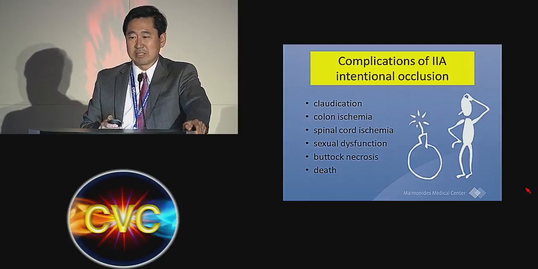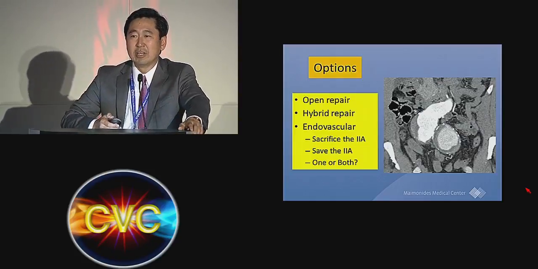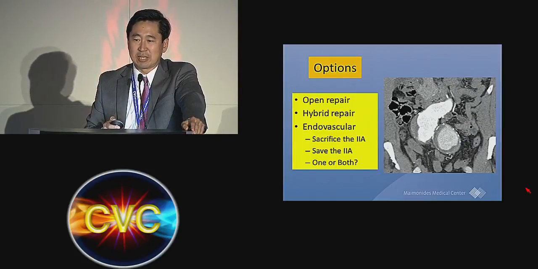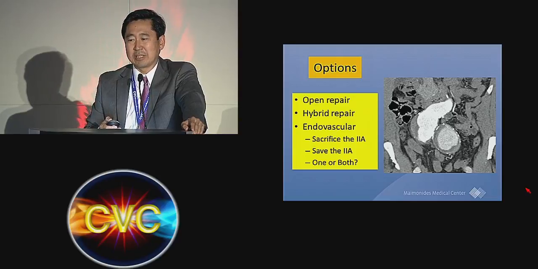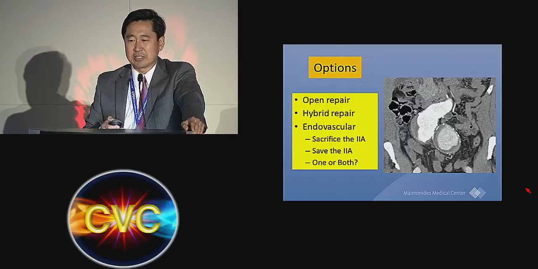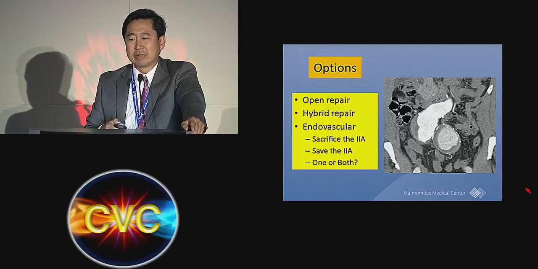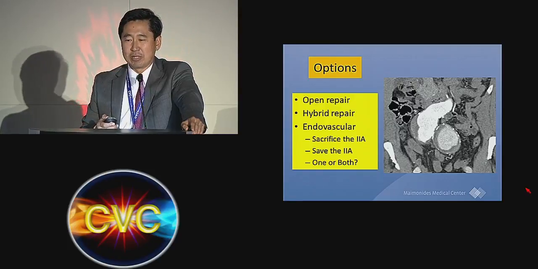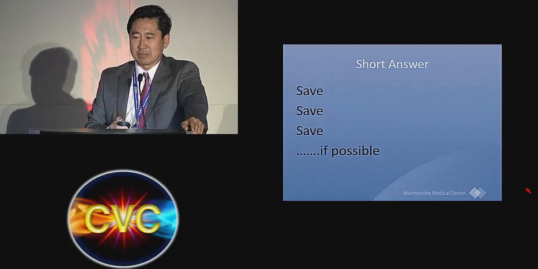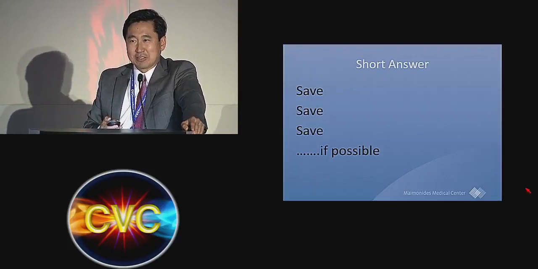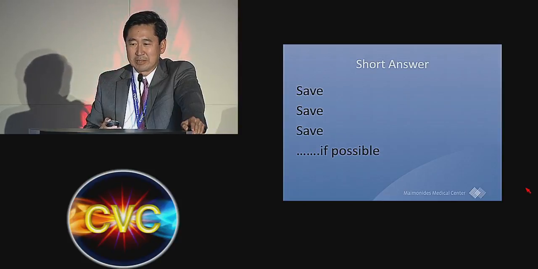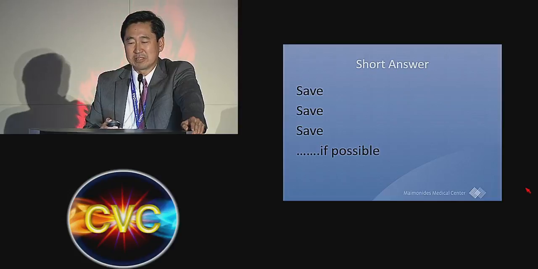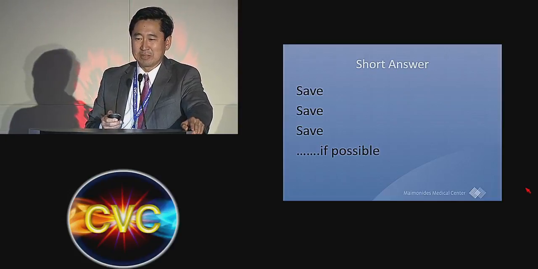Some or none of these complications can occur with many of these procedures, but the options are open repair, hybrid repair if we have iliac artery dilatation, or endovascular repair involving sacrifice of one or both of these internal iliac arteries. Well, the short answer to the pesky question, contrary to our famous Dr. Veith, who claims that you don't really need them, is my perspective: save them if you can, if possible.